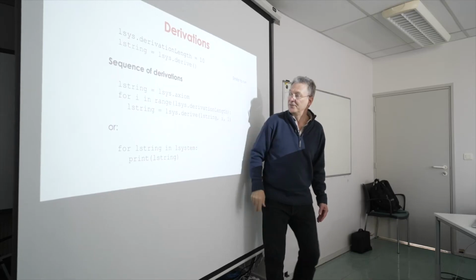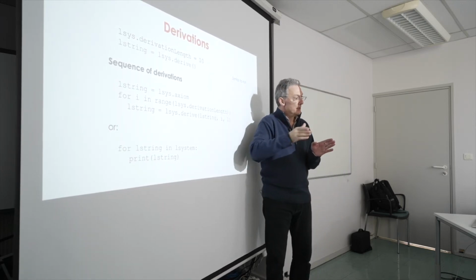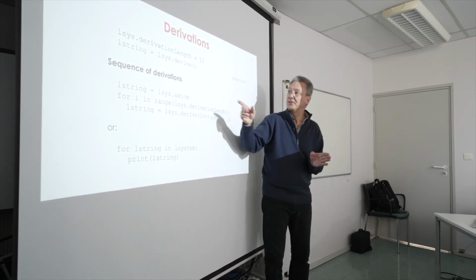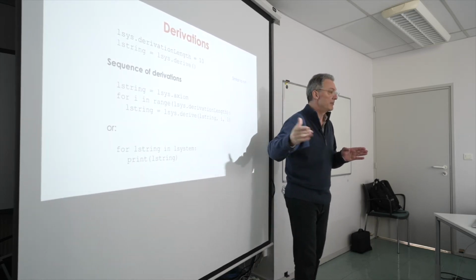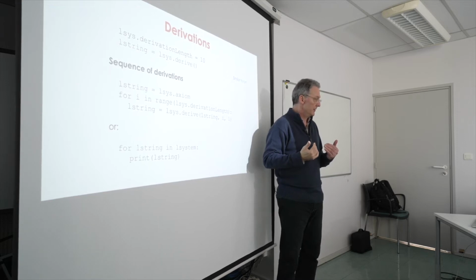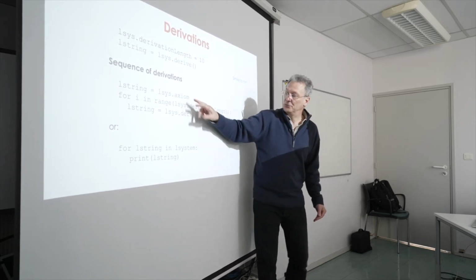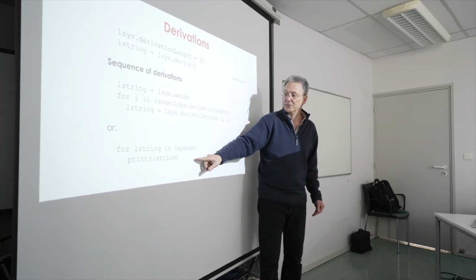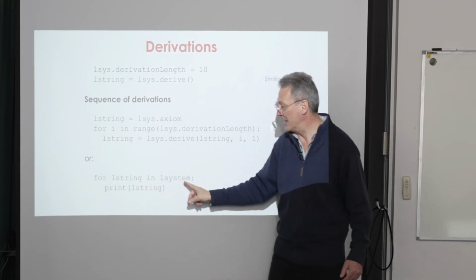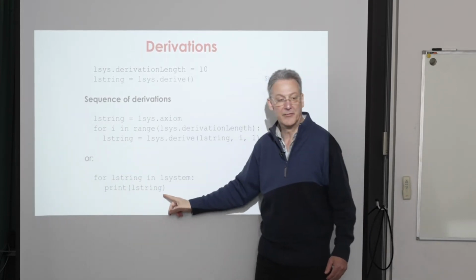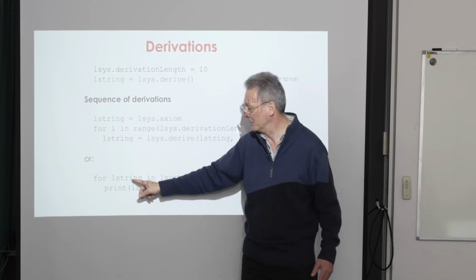Here you don't compute all the intermediate steps. You get just in the L string only the final step of the derivation. If you want to have the intermediate stages, then you need to do this or this. Maybe this is the simplest. You say for L string in L system, and you do something with the L string, print, for instance. So this is the most simple.